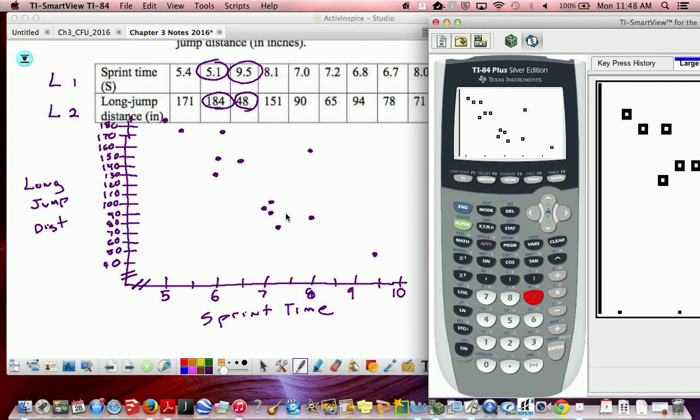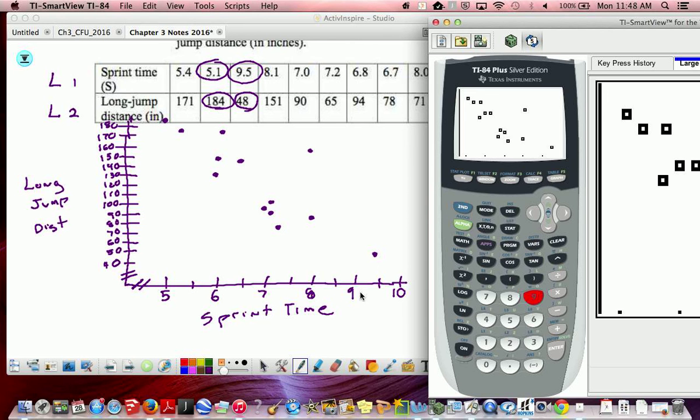Okay. So now the question becomes, how do I go about describing what I'm seeing? It does seem like there's a distinct pattern going on here. As sprint time is going up, as people run slower, their long jump distance seems to be going down.